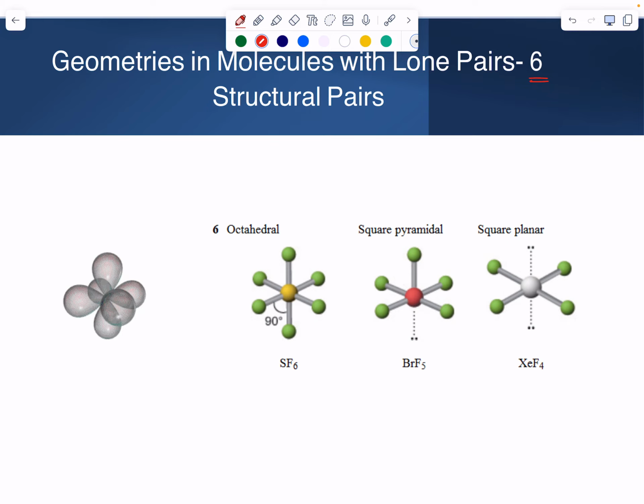And so just like when we had the trigonal bipyramid geometry, in octahedral geometry, you have things that are in plane with your central atom. But in this case, those 4 atoms make a square, okay? And then you've got one above and one below.